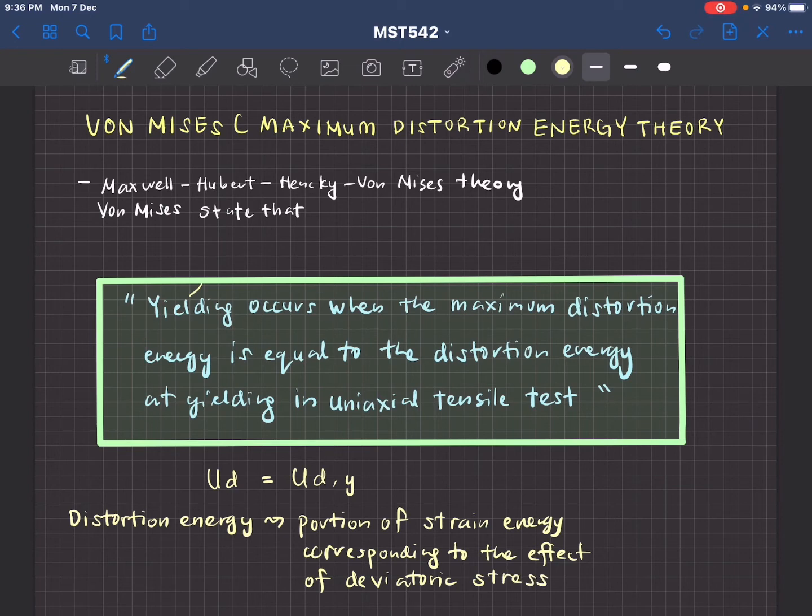The distortion energy per unit volume can be calculated from the principal stresses using the equation.